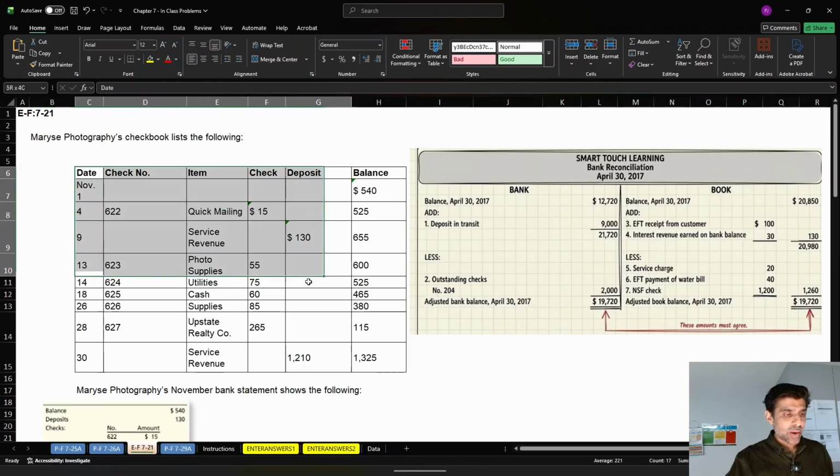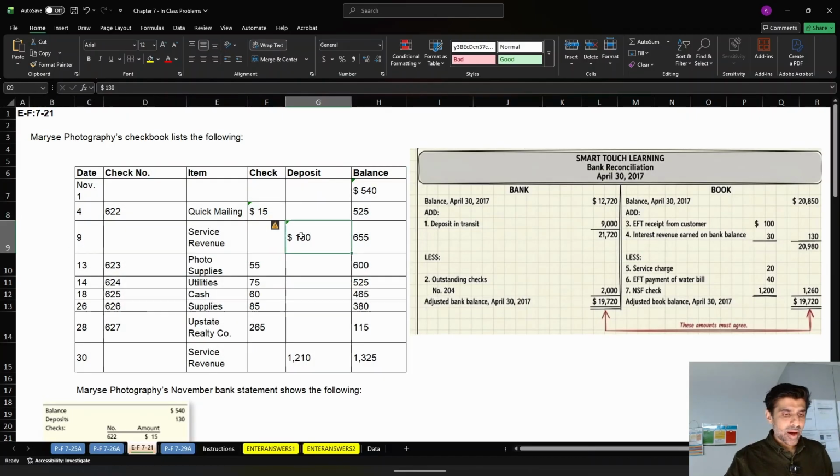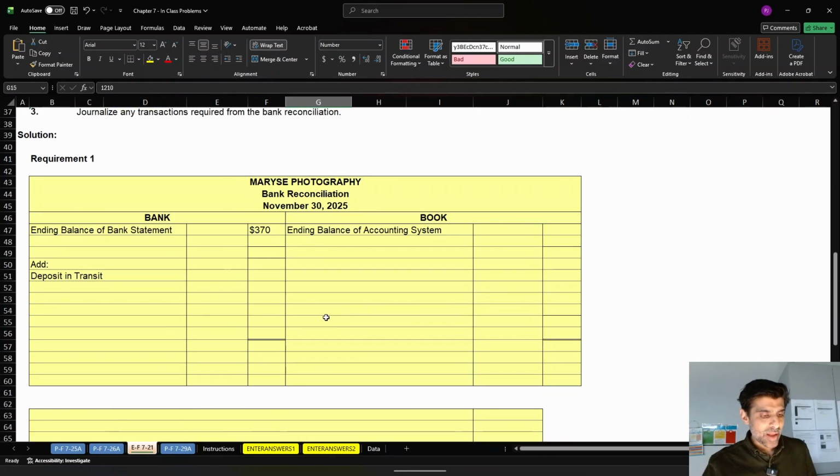But if I look at my accounting books, which is kind of like my cash balance, I have this 130 deposit, which is in there, but this one, which happened at the end of the month, is not yet included. So this one is like cash that's still at my business that I haven't gone to the bank yet to deposit. But it should be included in my cash balance. So I'm going to add that in.